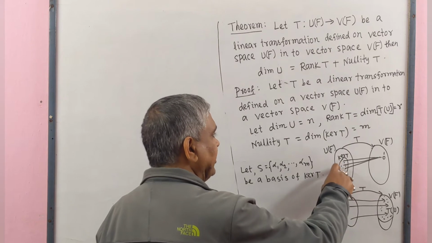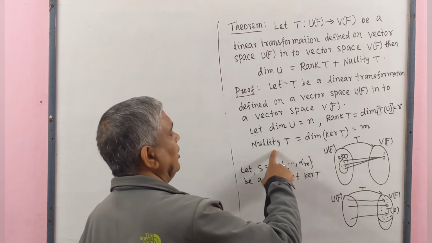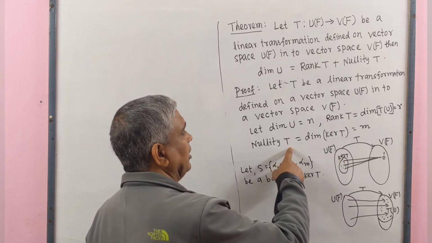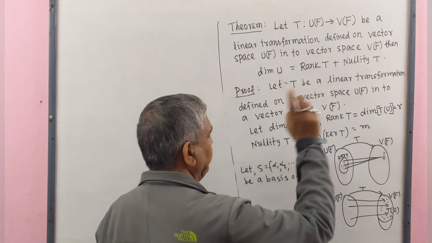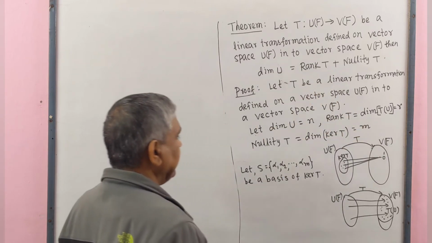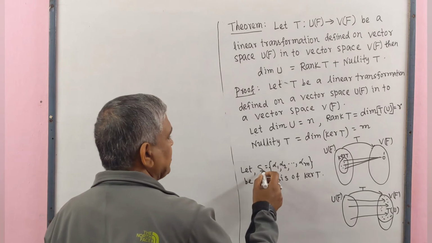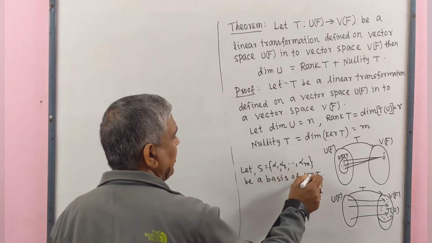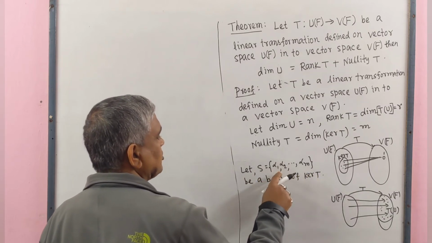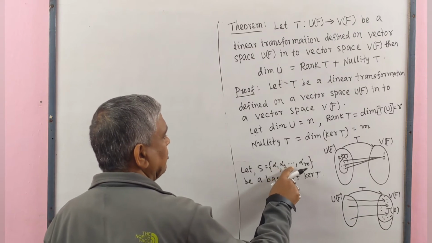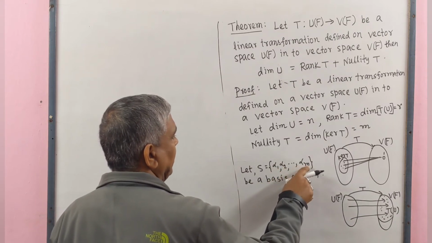Dimension of ker T is called nullity of T, which is equal to let m. Let S be the basis of ker T, which contains vectors alpha 1, alpha 2, ..., alpha m.